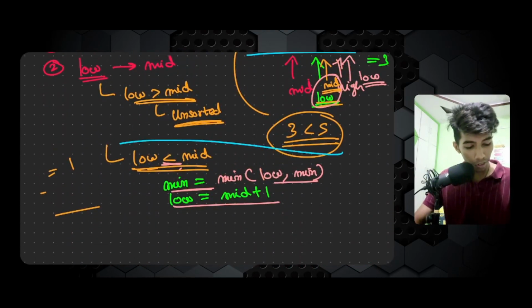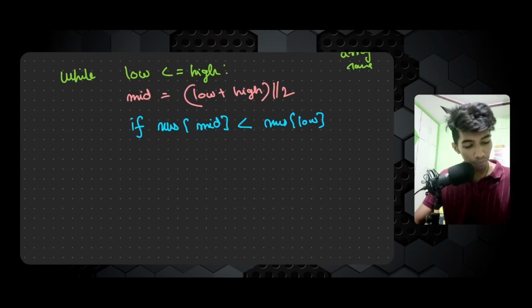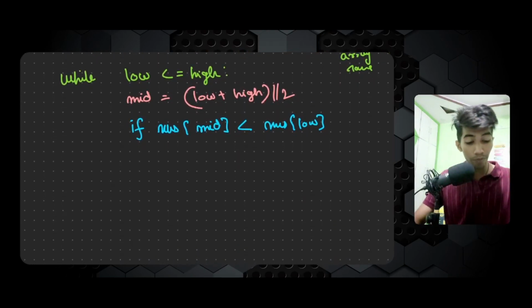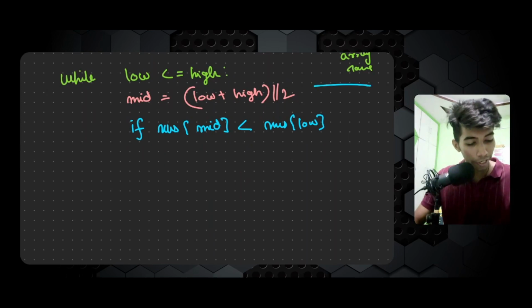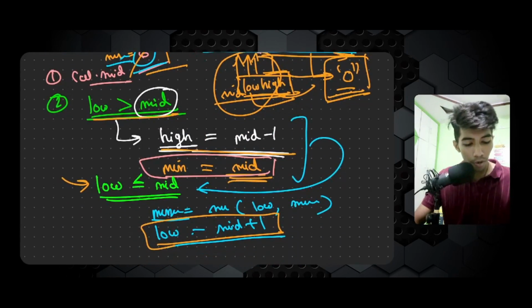If my low value is lesser than the mid, then I have to assign it to the minimum variable, compare it with the previously assigned value, and shift the pointer of low. But here, if my low is now greater than mid, then I have to do this particular stuff.